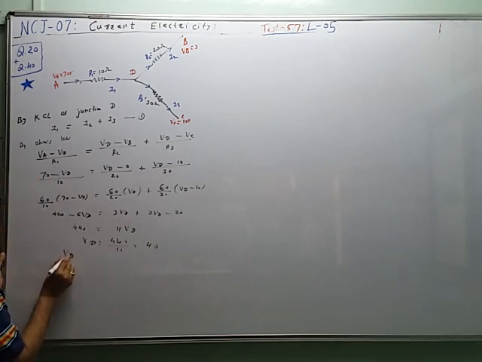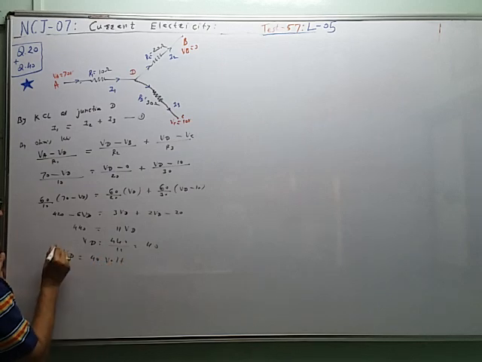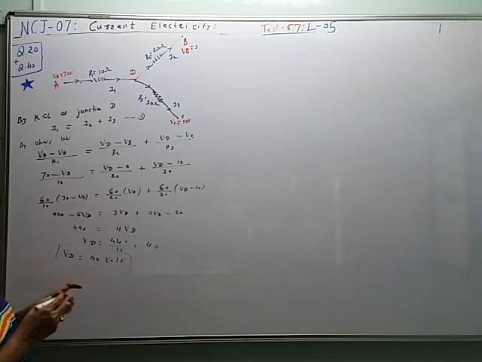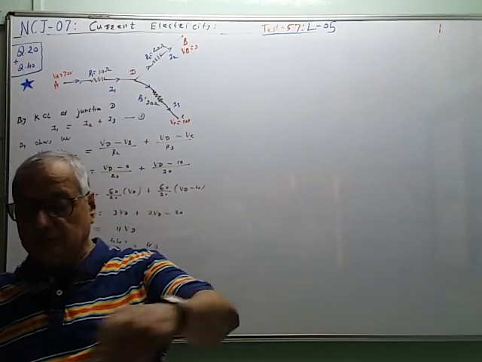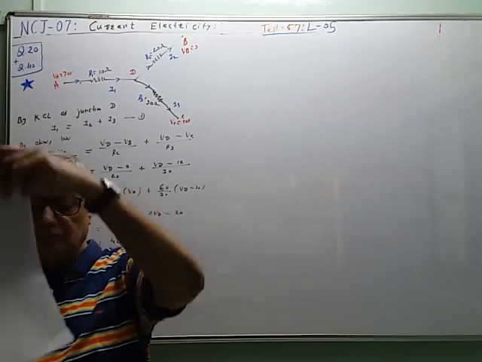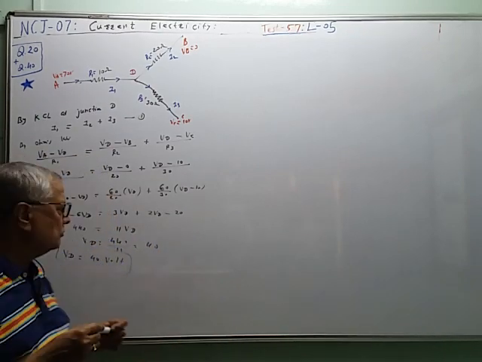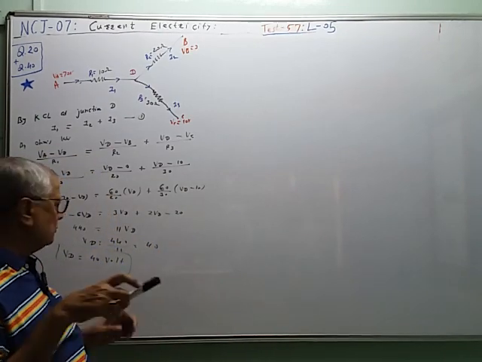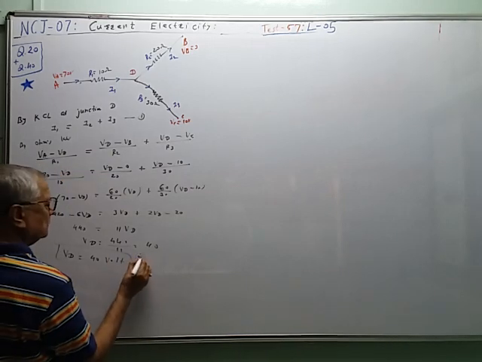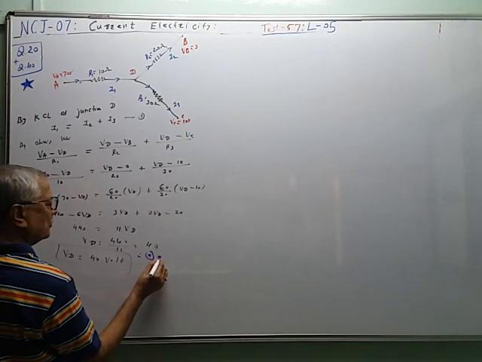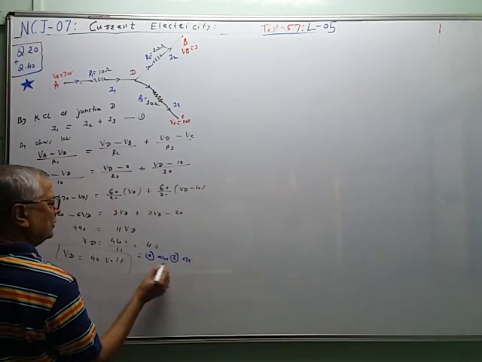So potential of the point D is equal to 40 volt. Therefore A and B are wrong.